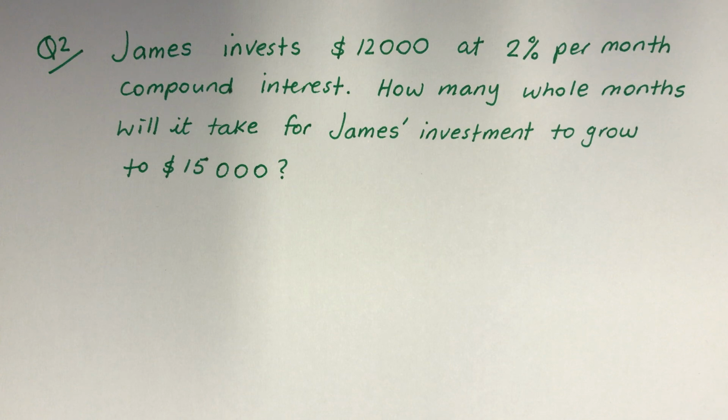So we are going to read the question. James invests $12,000 at 2% per month compound interest. How many whole months will it take for James's investment to grow to $15,000?